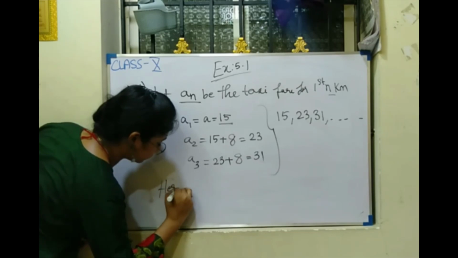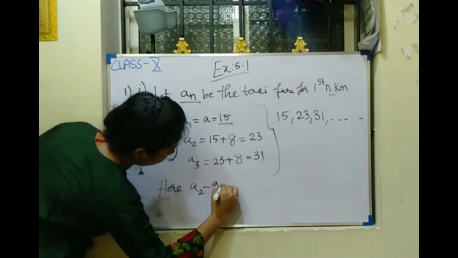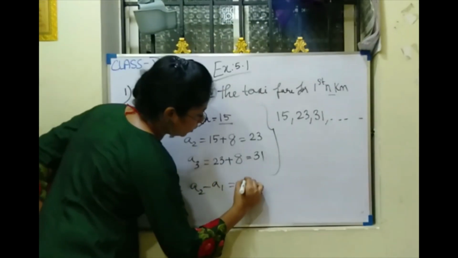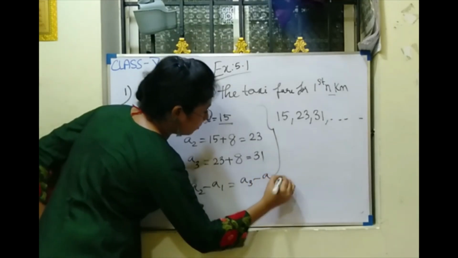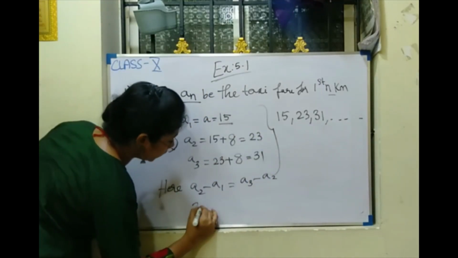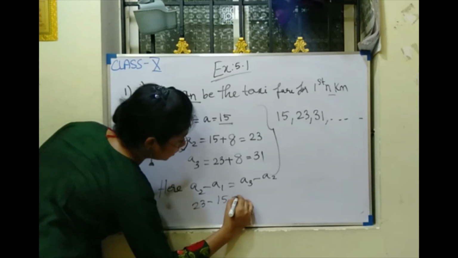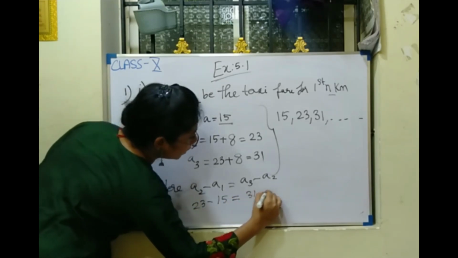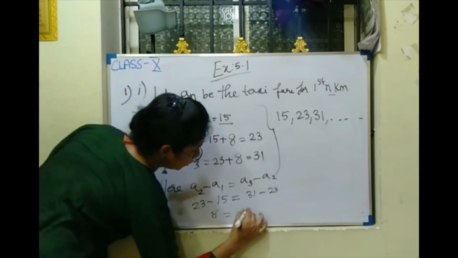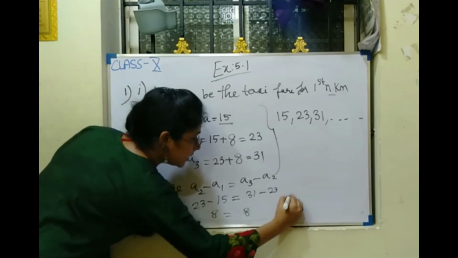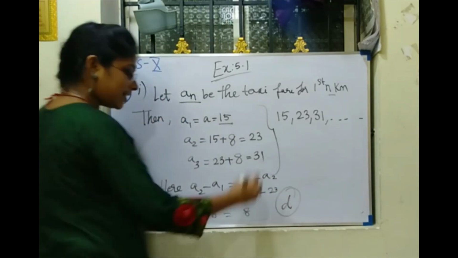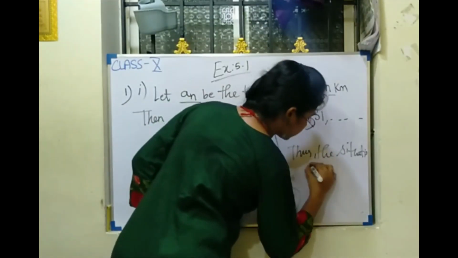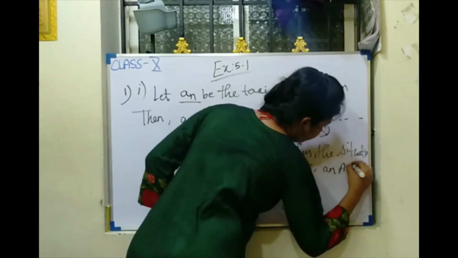Here, a2 minus a1 is equal to a3 minus a2, because a2 is 23 minus 15, which is equal to 31 minus 23, because 8 is equal to 8. So the common difference d is equal. So this is an AP. Thus the situation is an AP.